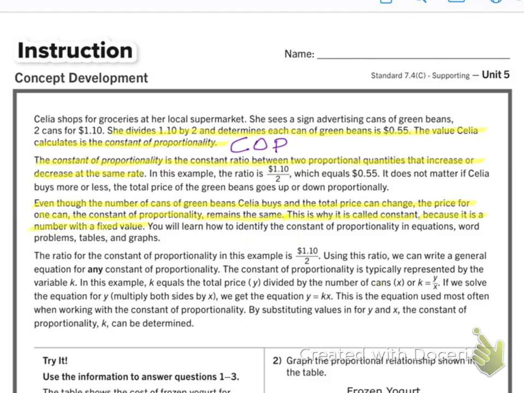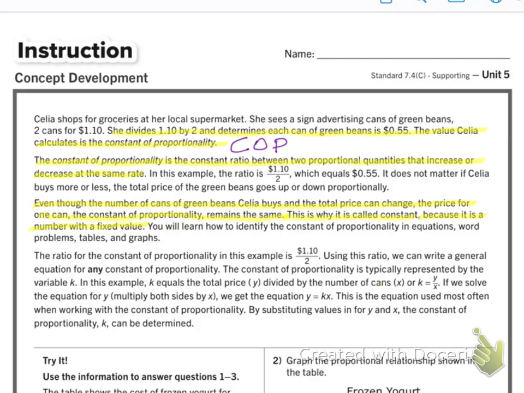So you will learn how to identify the constant of proportionality, whether it's in an equation, a word problem, a table, or a graph. The ratio for the constant of proportionality in this example is $1.10 divided by 2.